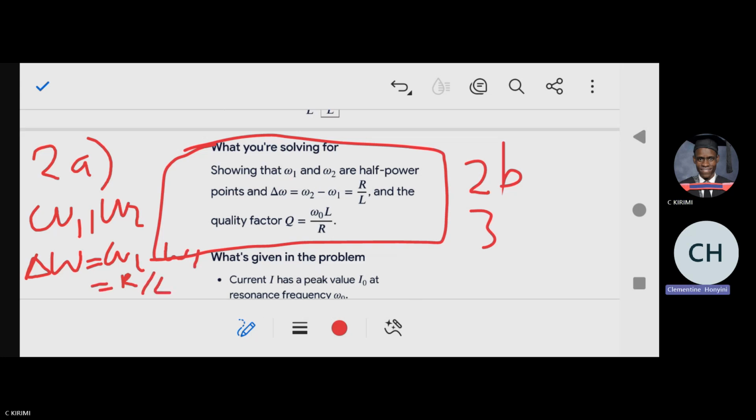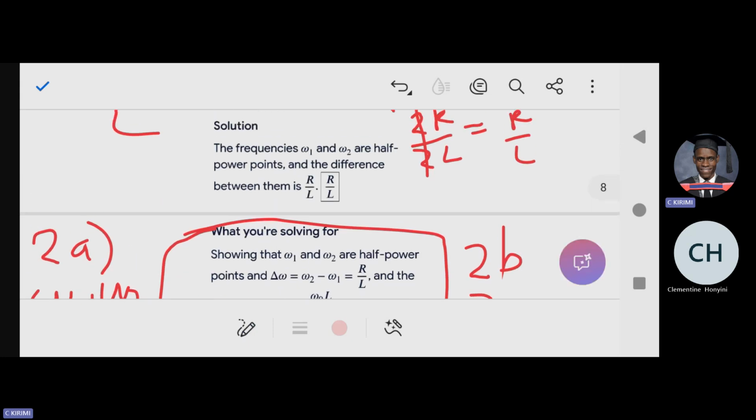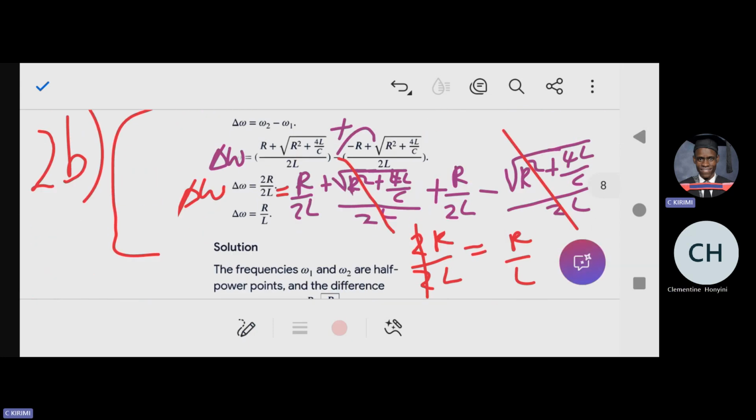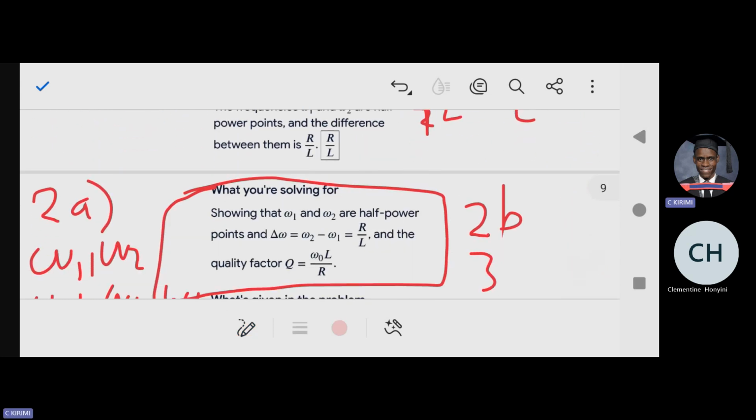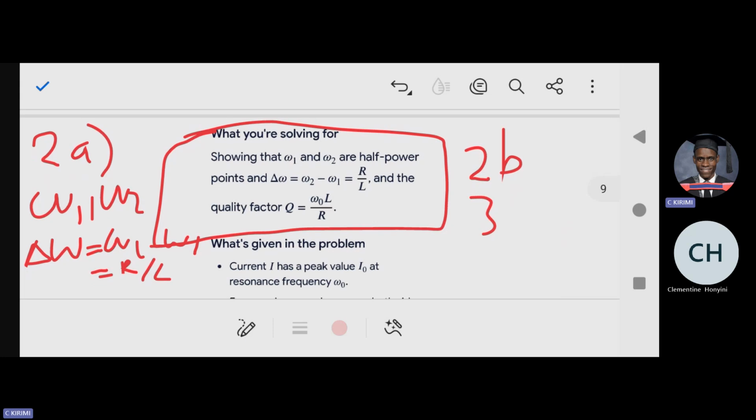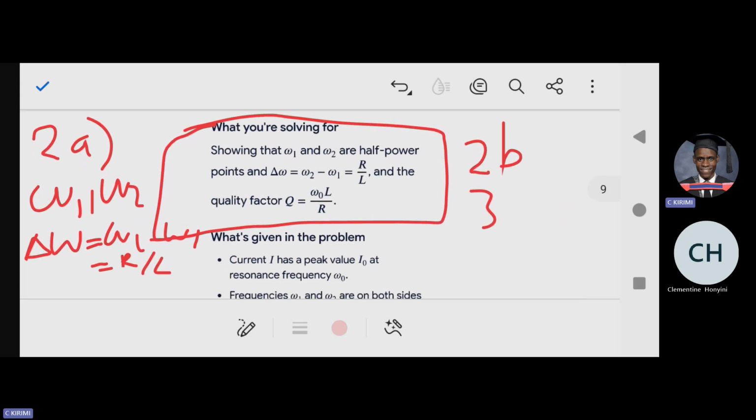Over L. This is what we have shown now. When the middle term was vanishing here, because we are adding and subtracting the same thing, then the 2's they cancel. Then it shows that it's R over L. That is the part A. Then part B, we'll continue this one for part B, and we'll start with question number what? 3. Yes.